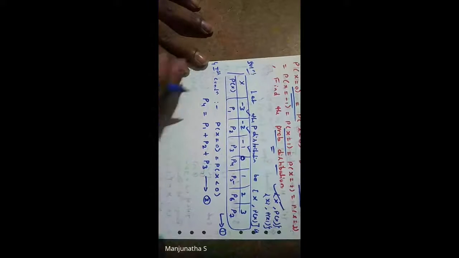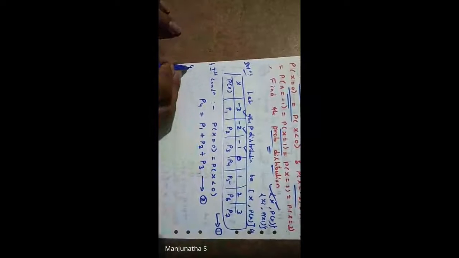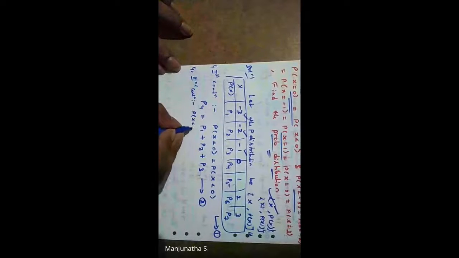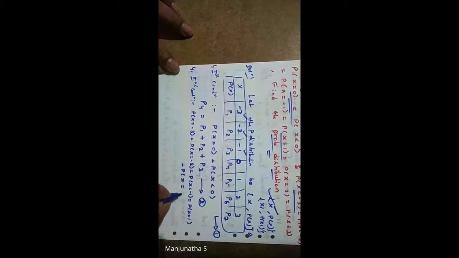So next, you go for the second condition. What is the given second condition? P of X is equal to -3, P of X is equal to -2, -1, P of X is equal to 1 is equal to P of X is equal to 2 is equal to P of X is equal to 3.